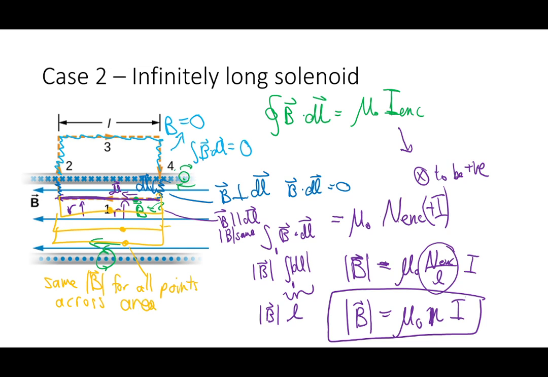So not only is my magnetic field the same along the solenoid axis, it's also the same across the area, which really gives us, for an infinitely long solenoid, the magnetic field inside is indeed uniform. Straight, same direction, same size. And this is something the integration couldn't have allowed us to make such statements.